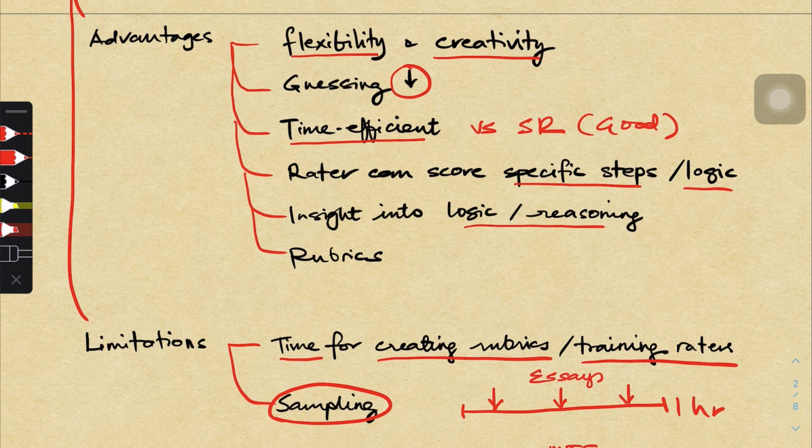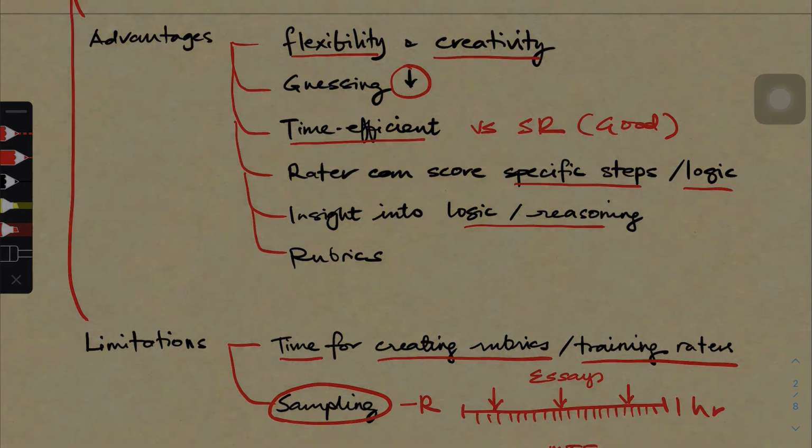Compared to multiple true false, where you can ask a lot of questions. Of course, sampling is related to reliability. So if it is a 1 hour test, you would expect a multiple true false test to have more reliability compared to a 1 hour essay test.